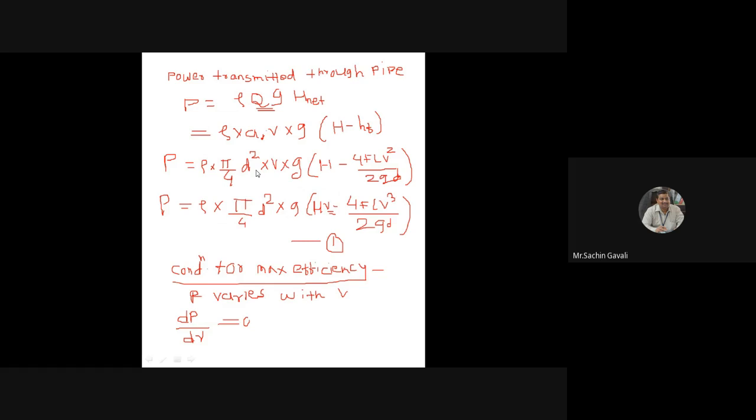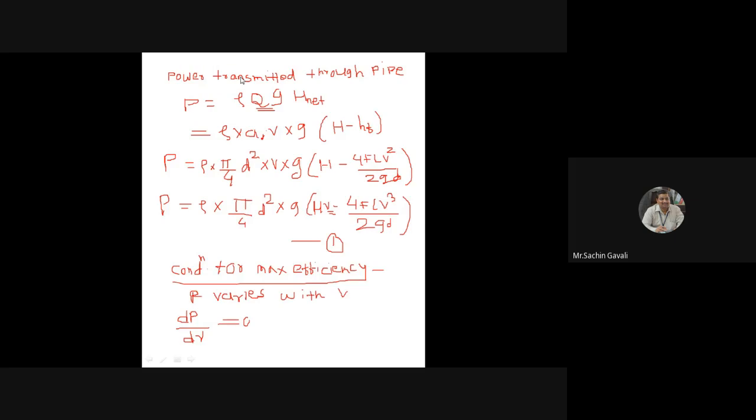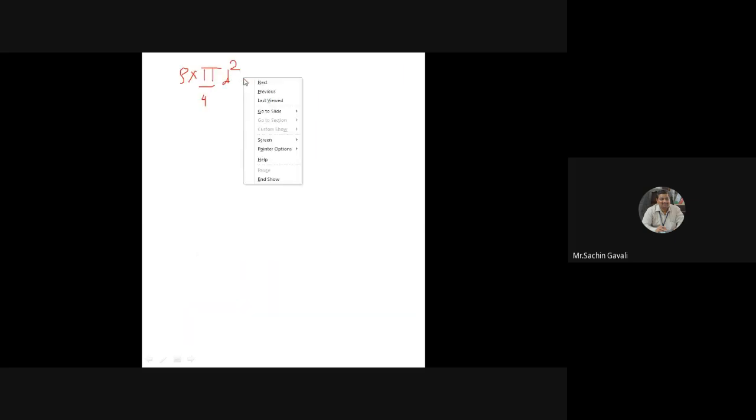Rho into pi by 4 d square into g remains as it is, into the bracket. Now what will the differentiation be?